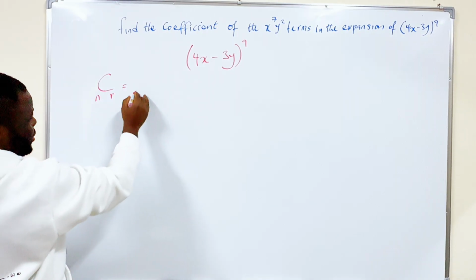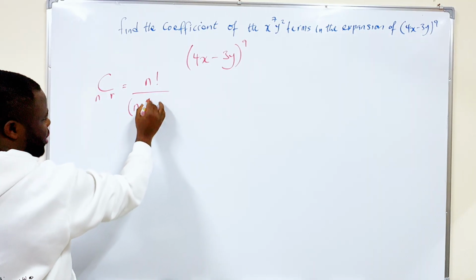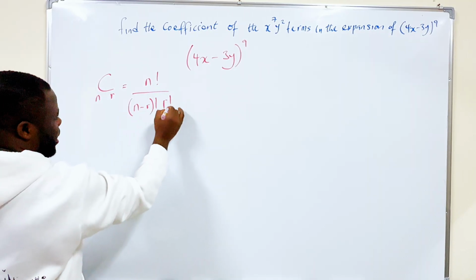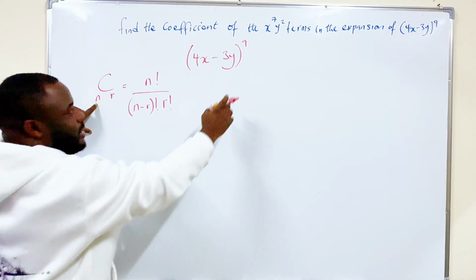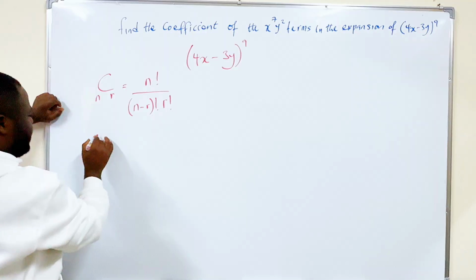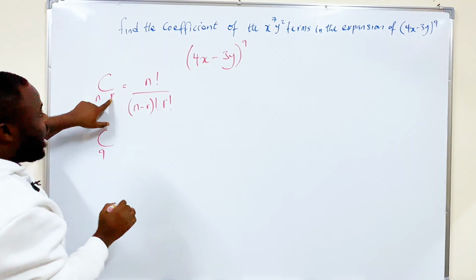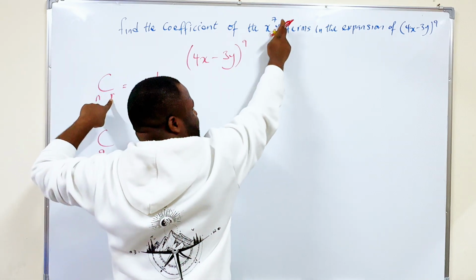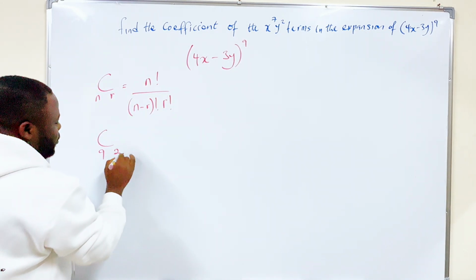nCr equals n factorial over n minus r factorial multiplied by r factorial. So n is our power, n is 9. r is your b part, and that is going to be 2.